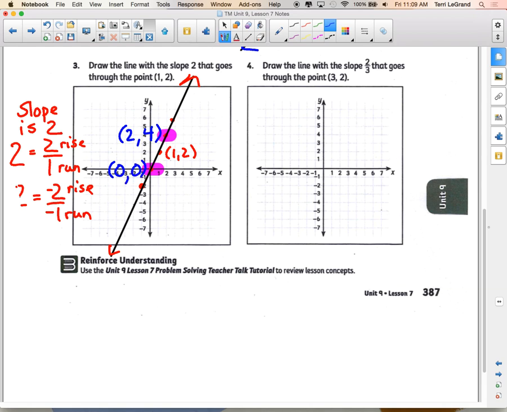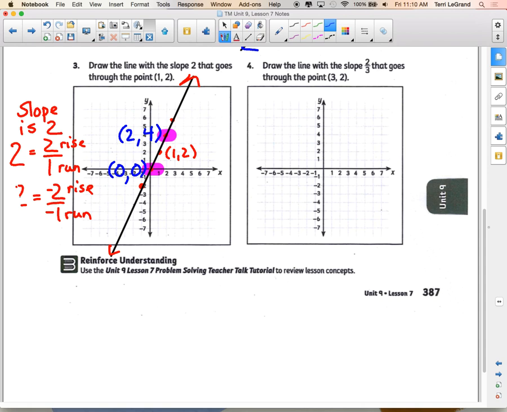Okay. Now, I want you to pay attention to how the slope also works in the ordered pair names. Follow along with me here. The slope is 2, which means the rise should change by 2. What's the rise, the up and down? The x values or the y values?